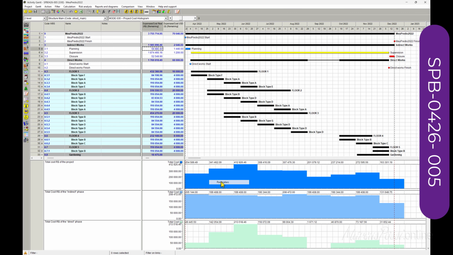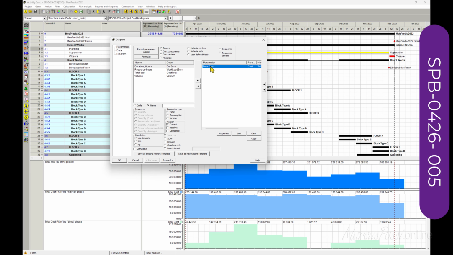Okay, checking, yes, total costs, cost center, costs, cost center, total costs is the same. Total costs, let's see if they are the same.